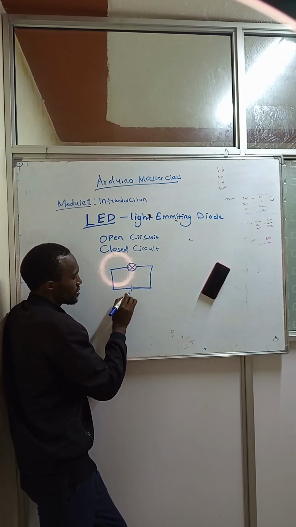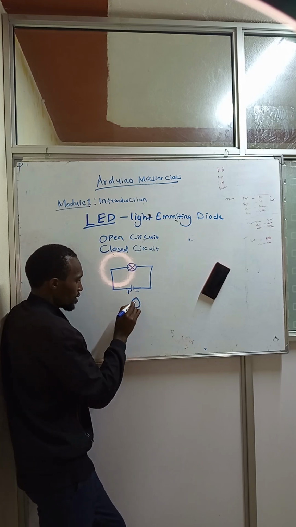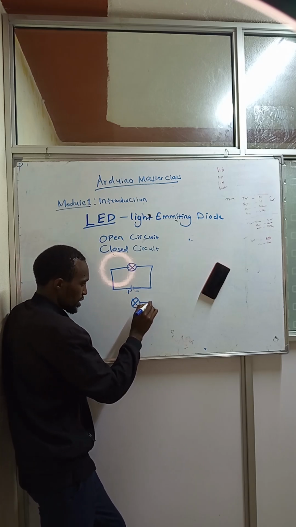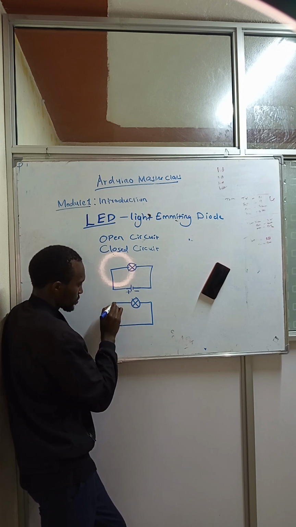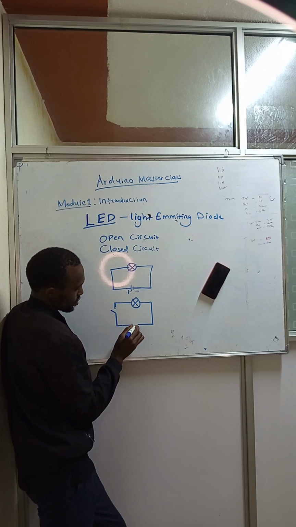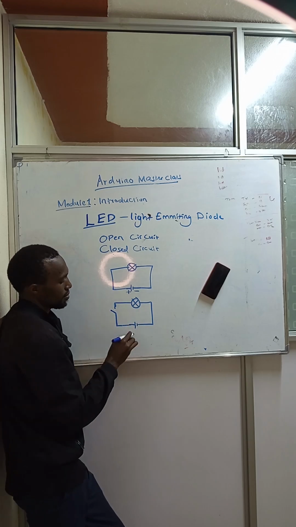So basically this is the positive, this is negative. And again we have another circuit here. Of course it has a battery for supply.